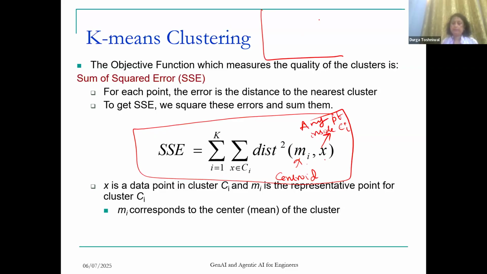Let's say these are the points that we are having, and this is the cluster center. Within the cluster, we find the difference of each and every point with respect to this cluster center, which is the distance here, and then we square it, and we repeat this process for all x, meaning all the points. Then we repeat this process for all the clusters. So if we have k clusters, then we are summing this.